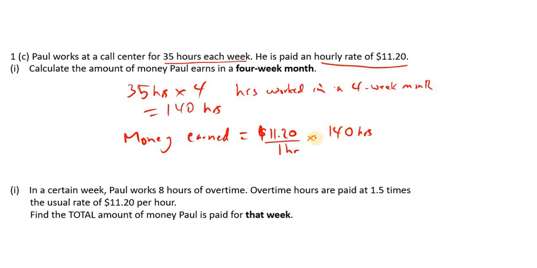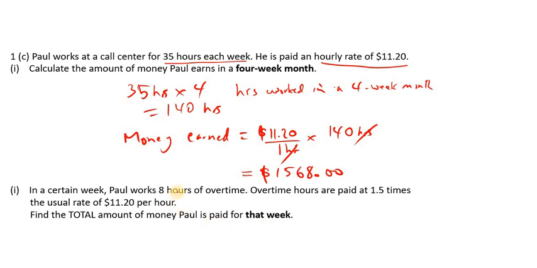Because for every hour you get $11.20. You work 140 hours, you multiply it. Hours cancel hours. And 11.20 times 140. Let's put that in our calculator. And we see we get $1,568.